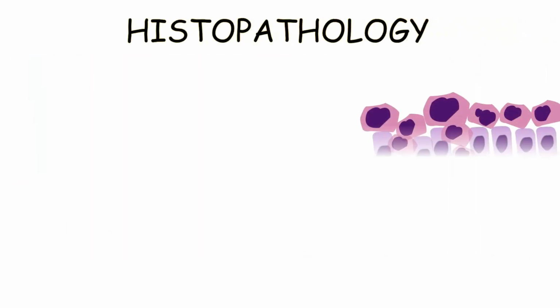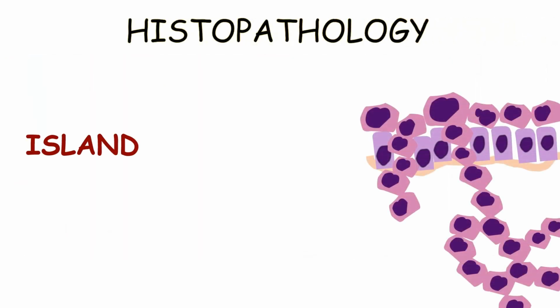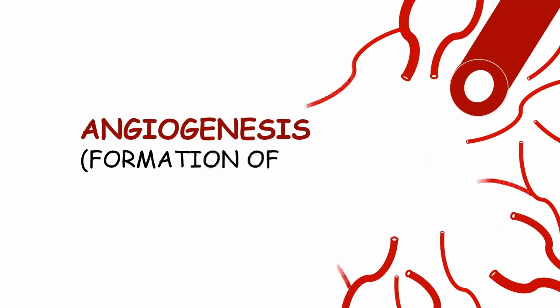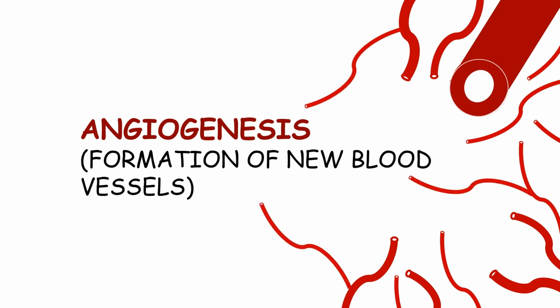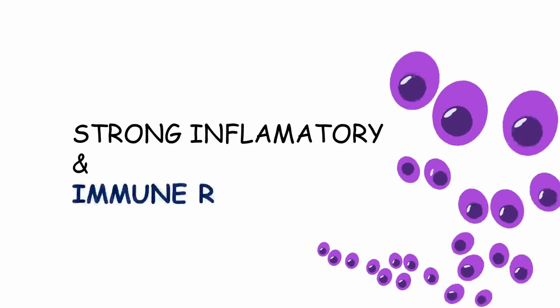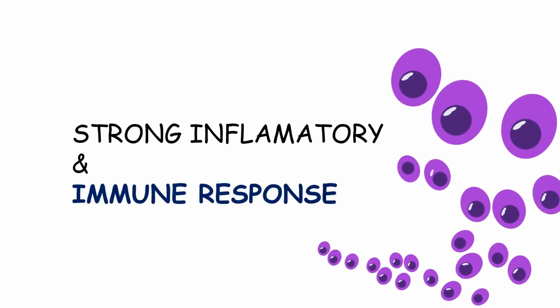The histopathology of squamous cell carcinoma includes presence of islands and cords of malignant squamous cells. There is noticeable angiogenesis, which is formation of new blood vessels, desmoplasia, which is a dense fibrosis induced by tumor, and a strong inflammatory and immune response, all seen in the underlying connective tissue.